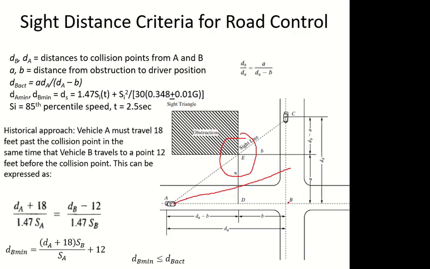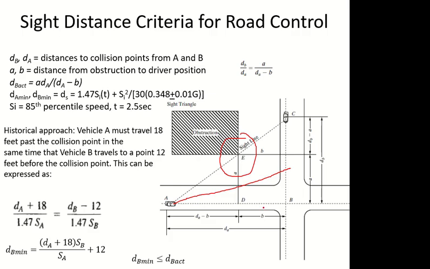The distance from the conflict point, from where you can start seeing the other vehicle, is called dA. So the distance from the conflict point at which you can see the other vehicle is called dA for one vehicle. For the other vehicle it is dB.